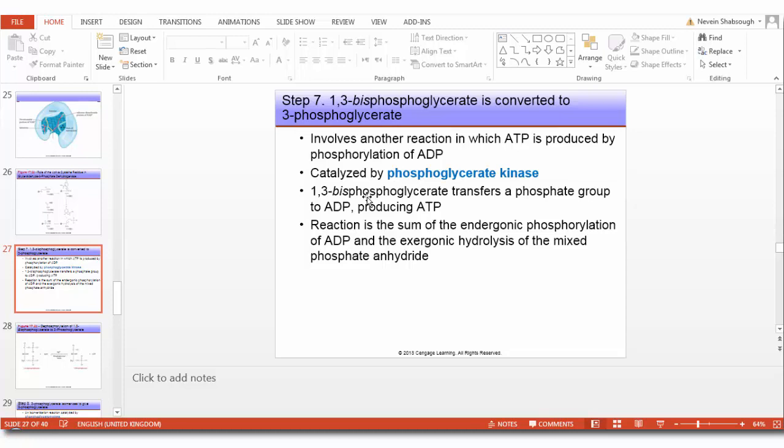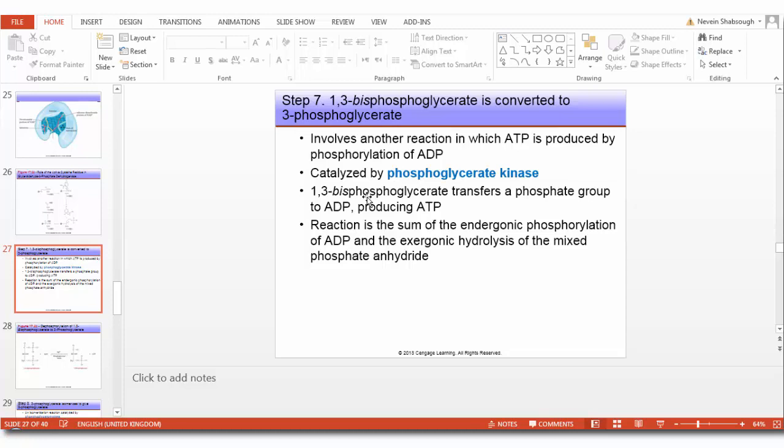The only requirement for substrate level phosphorylation is that the standard free energy of hydrolysis of the donor is more negative than that for hydrolysis of the new phosphate compound being formed. And this is the case here.